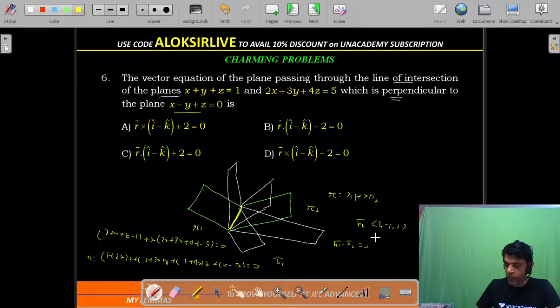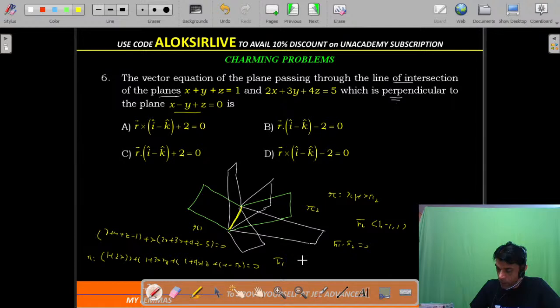This gives you lambda. You get 1 plus 2 lambda minus 1 minus 3 lambda plus 1 plus 4 lambda is 0. And so you are getting 1 plus 3 lambda is 0. So you're getting lambda is negative 1 over 3.